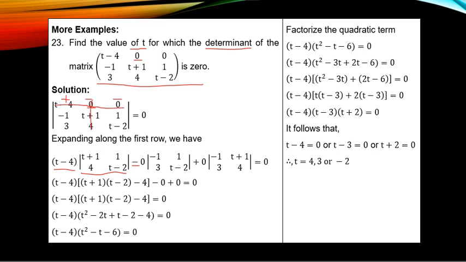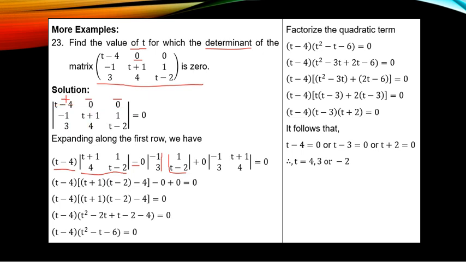So you have two columns left, but we take it column wise, where the first column is -1, 3 and the second column is 1, t minus 2. That is for the second entry.